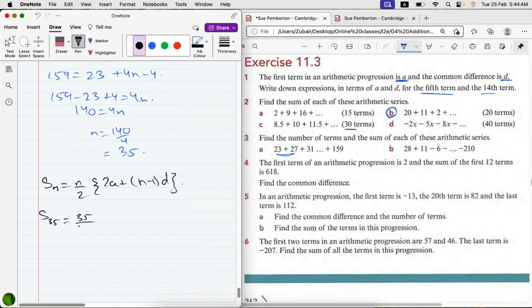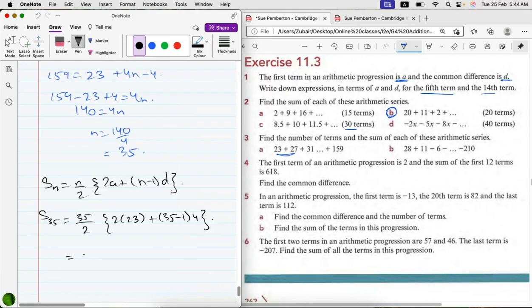Oh, we can use one more formula. I just started with this. Let me write it and I'll show you the second one. Into the first term, into 35 minus 1, into the difference, which was 4. On the calculator, this is 23 into 2 plus 34 into 4, I'm getting 182.